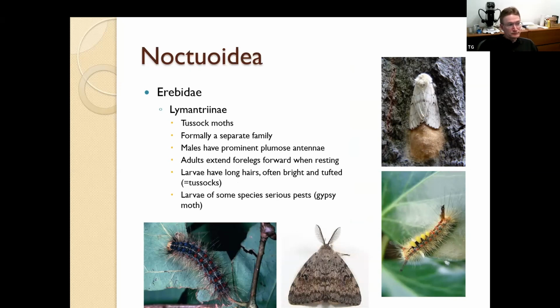The larvae are very colorful a lot of times and have a lot of setae, making them look very hairy, like these two examples here. They're called tussock moths as the common name because of the tufts of hairs coming off the larvae. And again, these have some very important pest species like the gypsy moth.